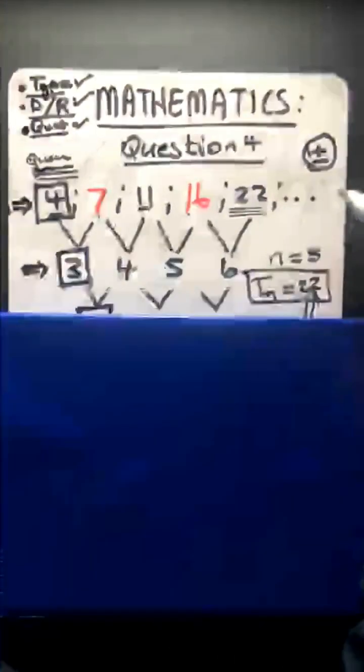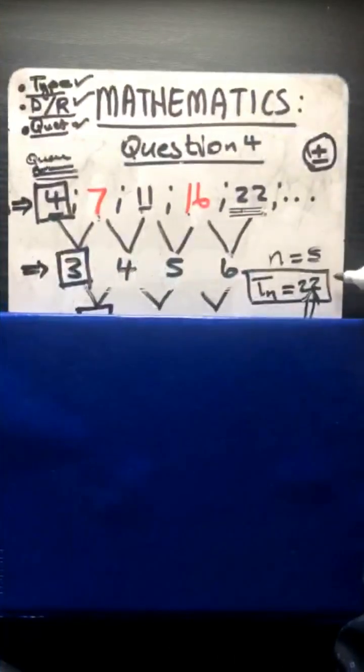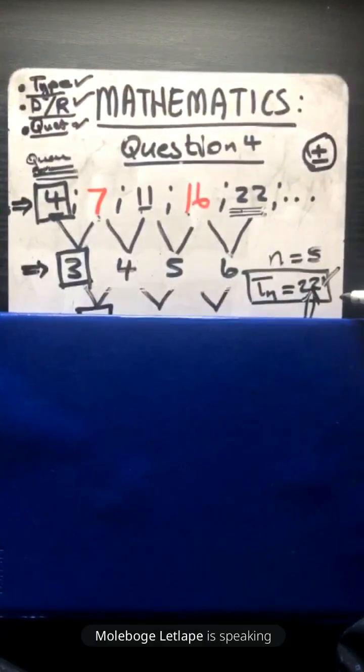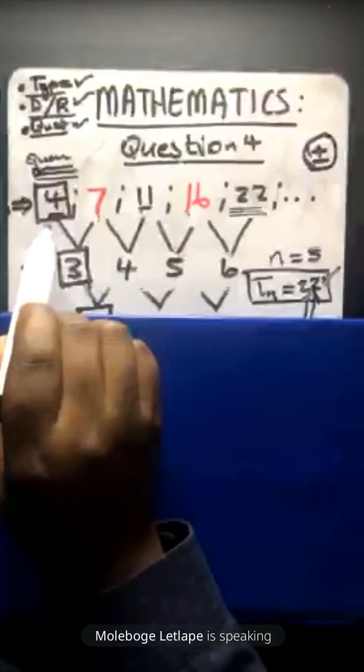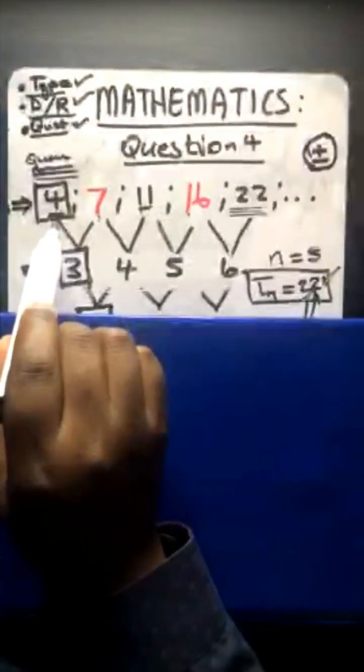Molebogeng, you said something. You're saying, are we looking for the position where the value of that position is 22? Yes. What is that position number? I'm saying it's T20, isn't it? Meaning, if we are counting from the top 1, 2, 3, 4, 5, 6, so the position there is 20.